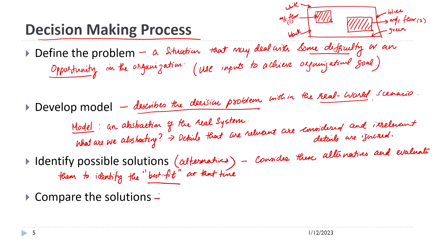Then comes compare the solutions, the last part. Comparing the solutions is quantification of best fit, one way to think about it. Another way to think about it is, what do we do here? Choose and recommend. We are making a choice and we are making a recommendation.